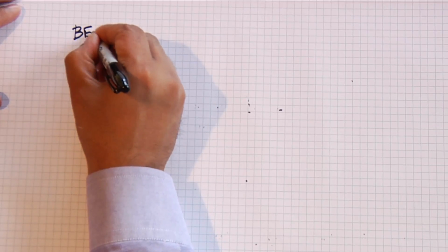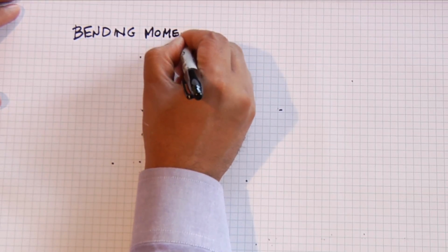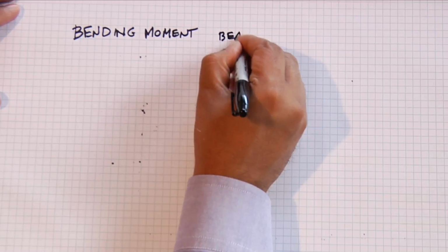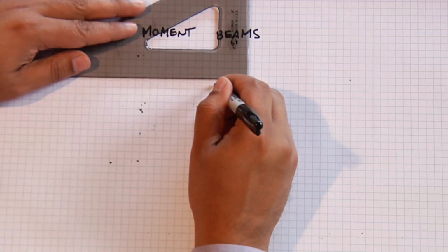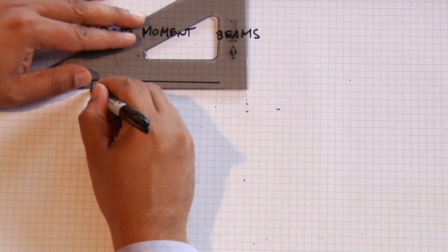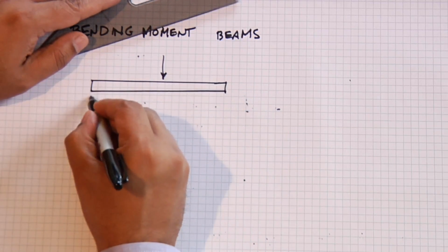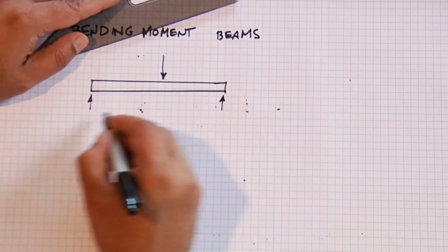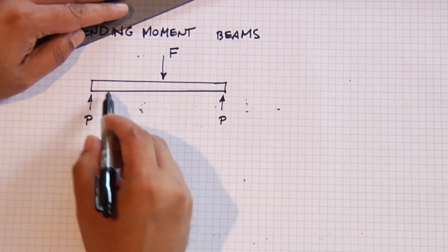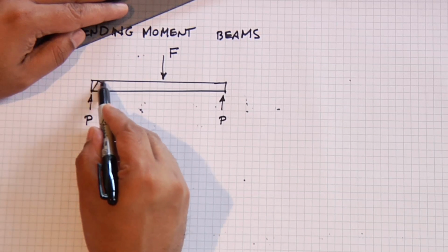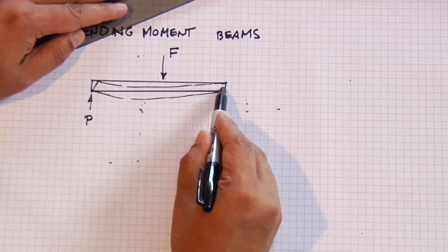So let's now look at the principle of bending moment as it applies to beams. When we have a beam which is taking a load perpendicular to it, and we'll use the simple beam for starters, this beam resists the load by going into bending, and so the elastic curve looks like this.